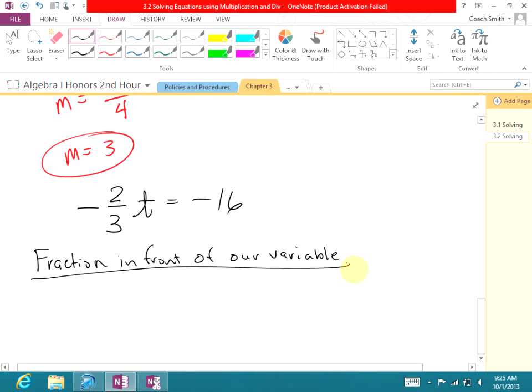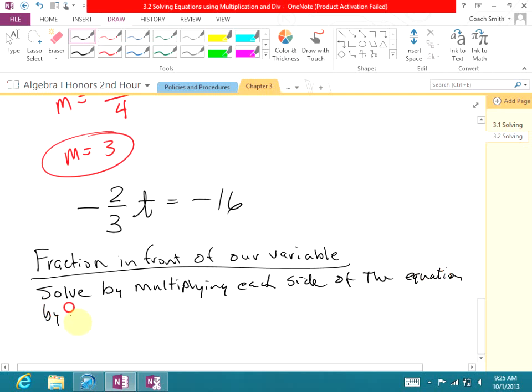Okay, when you have a fraction in front of your variable, we solve by multiplying each side of the equation by the reciprocal. Of the fraction, obviously. Put that in there to make sure everybody understands that.